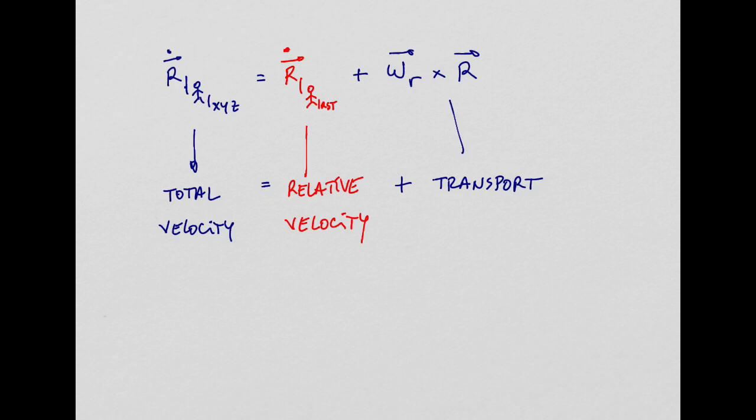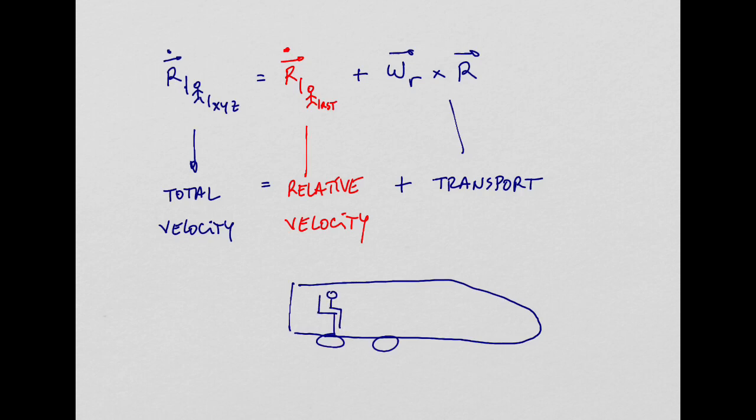This is very similar to, I can give you an example. A very nice example, I think. Imagine you are in a train. Let's make some aerodynamic train. You have some people seated here, but you are moving inside the train with some relative velocity, right?